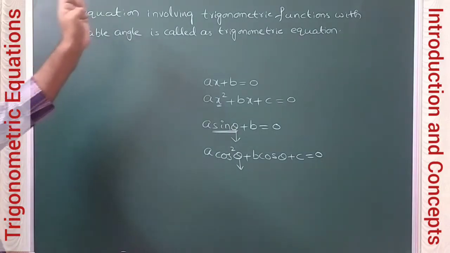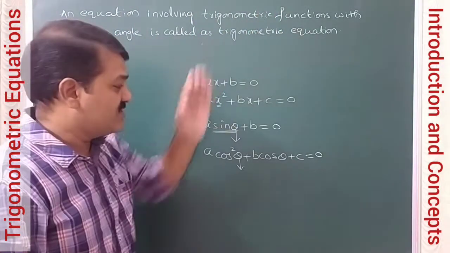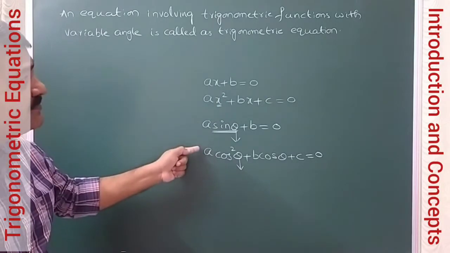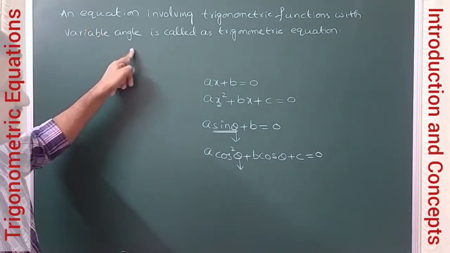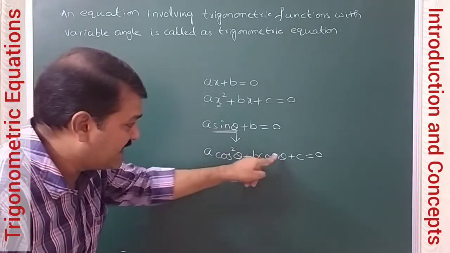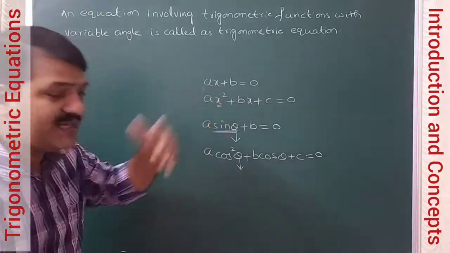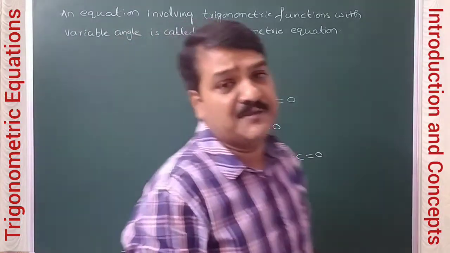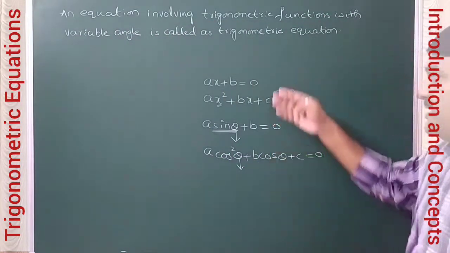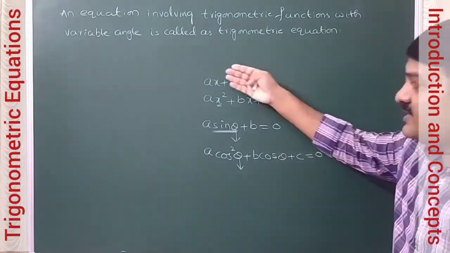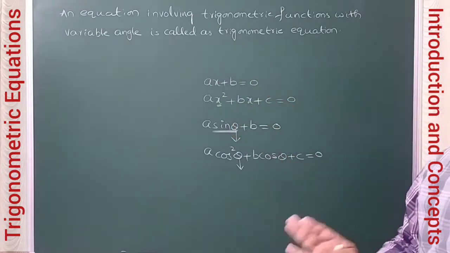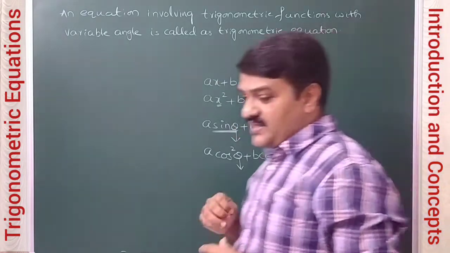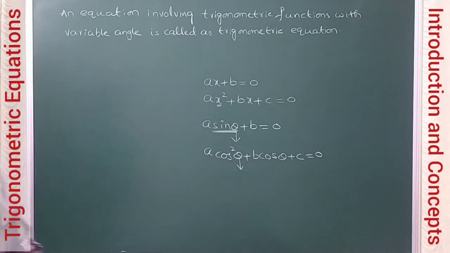An equation involving trigonometric functions like we have written here with a variable angle theta, where in place of theta we can take different angles, is called a trigonometric equation. Just like a polynomial equation, when these variables are replaced with trigonometric functions, we get trigonometric equations.